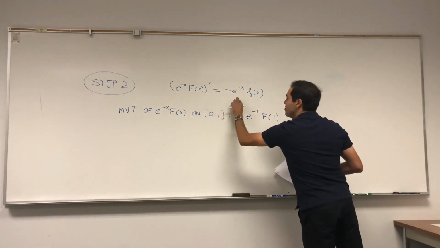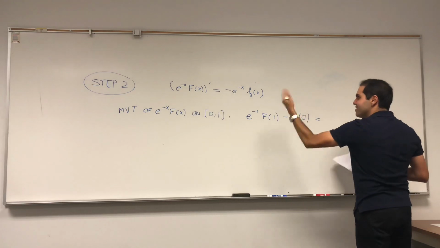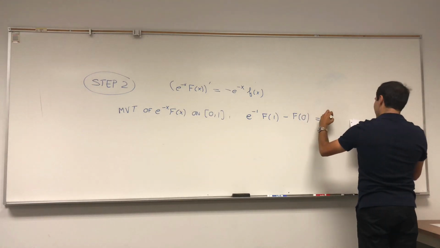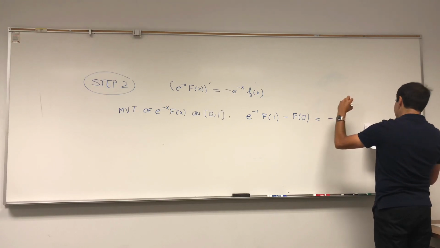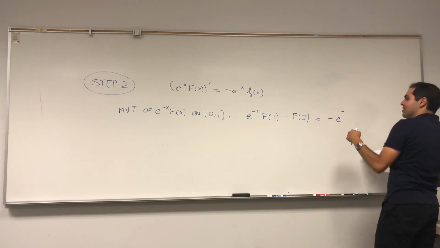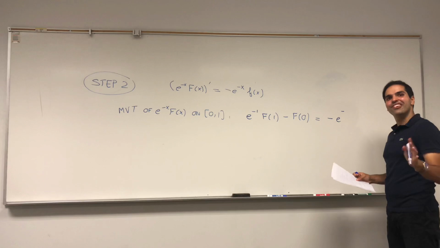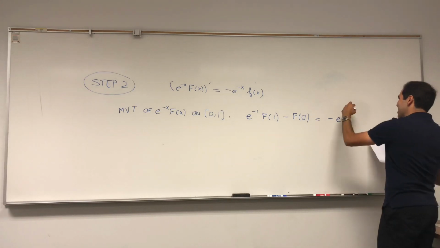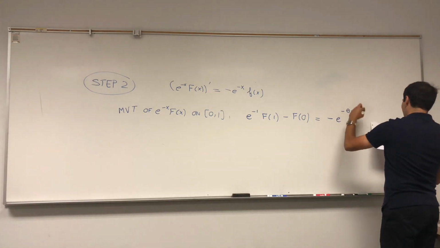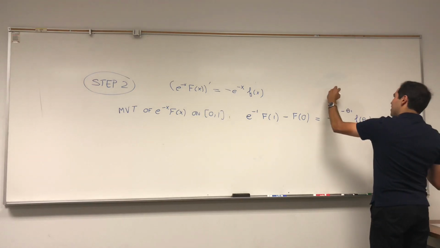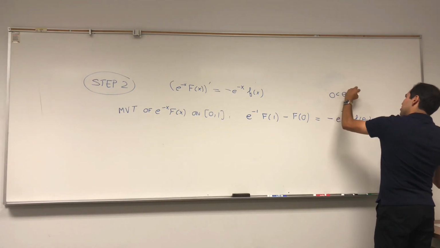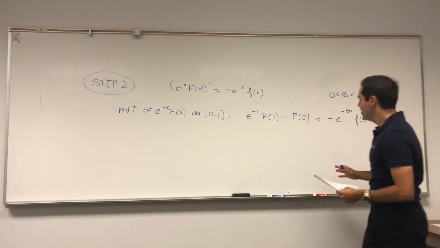which gives you minus e to the minus c, f of c, but let's just rewrite this, because we'll have many names for constants, let's just call it theta 1: minus e to the minus theta 1, f of theta 1, for theta 1 between 0 and 1.